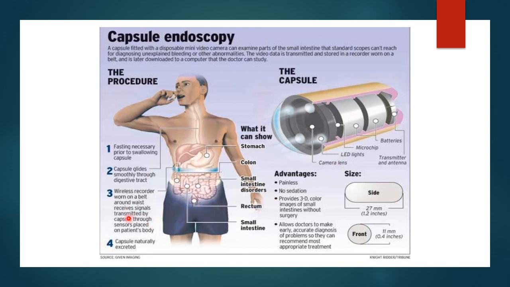The drawback of this system is, one, it's expensive. Second, it is not widely available. And thirdly, interpretation takes time, and it is not very useful for immediate bleeding. It is more of a chronic or long-term investigation.